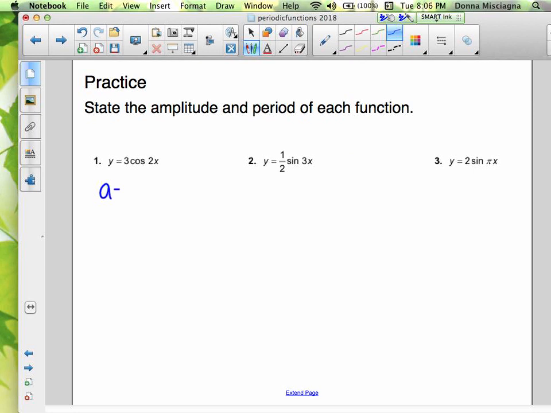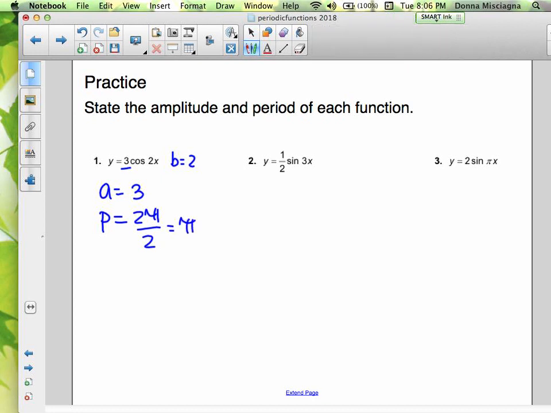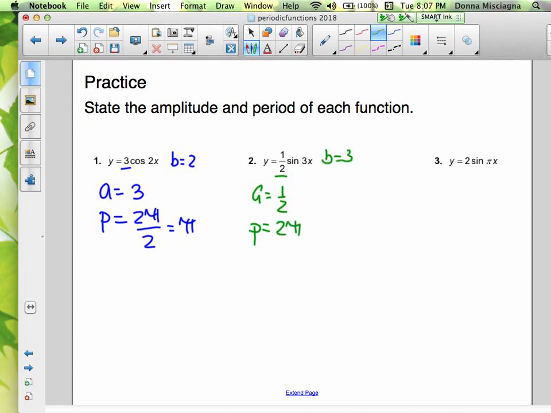So, amplitude, right in front there, is 3. The period would be 2 pi divided by 2, because our b here is 2. So that's just going to be pi. Number 2: amplitude right in front is 1/2. The period is 2 pi divided by b. b is 3.